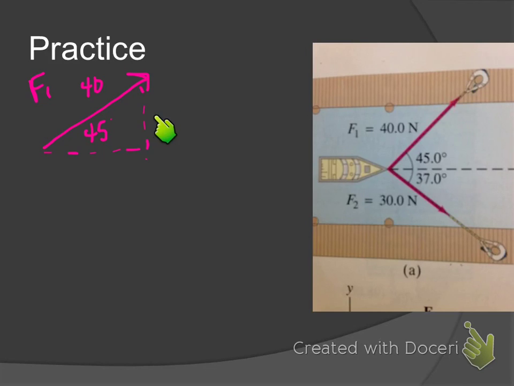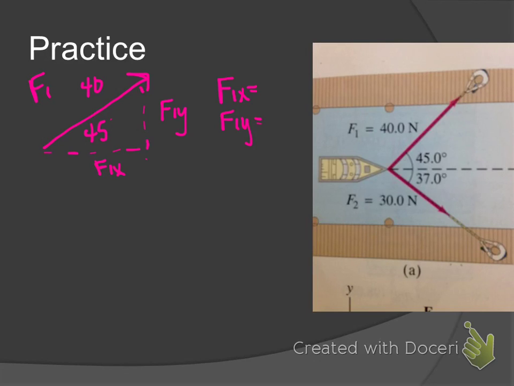So if I was going to label this side of my triangle, what do you think I would probably label it? Good, F1y. And this side would probably be called F1x. Okay, so let's go ahead and solve for that. Since it's a 45-degree angle, what do we know about F1x and F1y? They should be the same because it's a 45-degree angle.